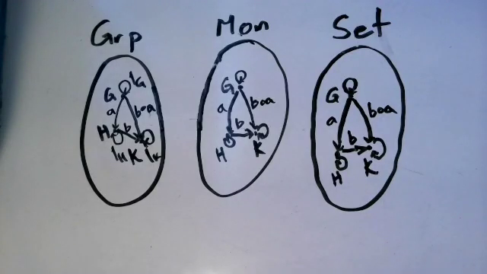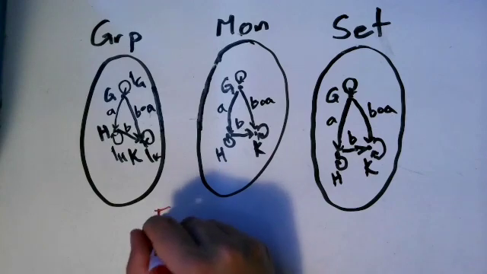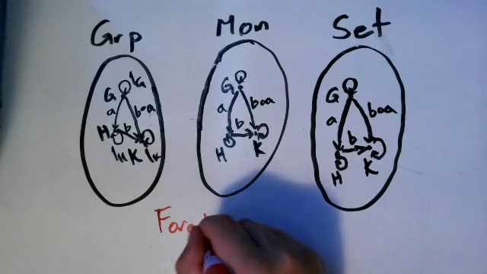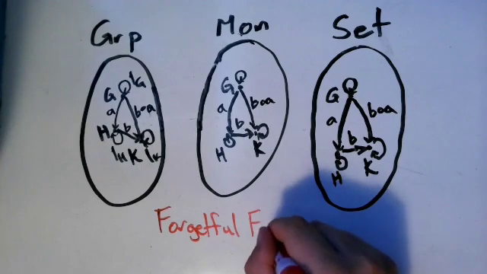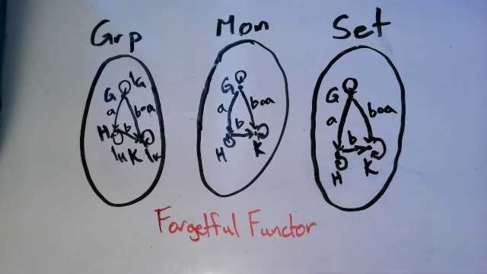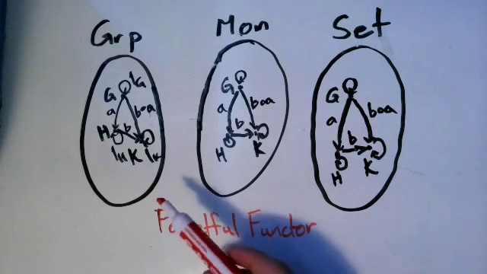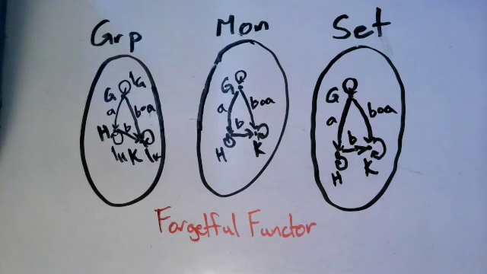Arguably the simplest type of functor is used to forget certain mathematical structure while mapping objects to themselves in a different category. And these are called forgetful functors. So we know that there's a category of all groups, and we know that there's a category of all monoids, and we know that every group is a monoid, since groups satisfy the same axioms as monoids and some other conditions as well.